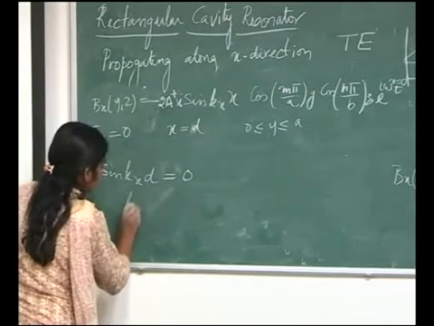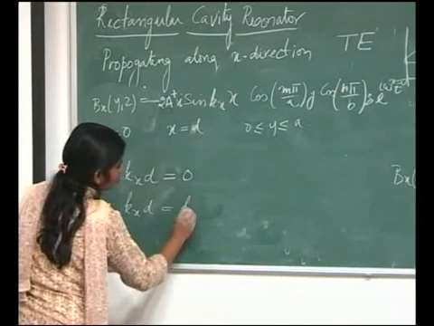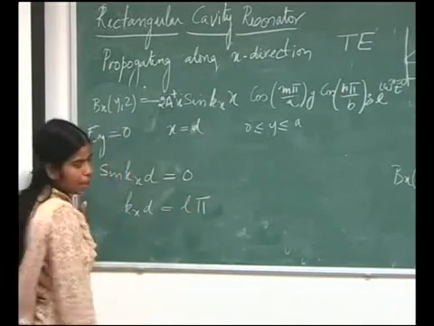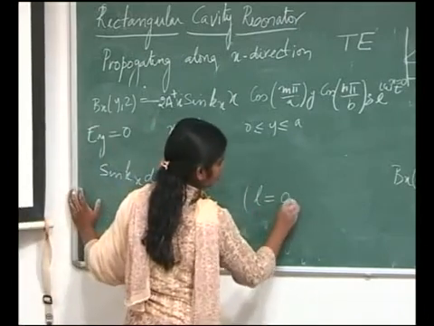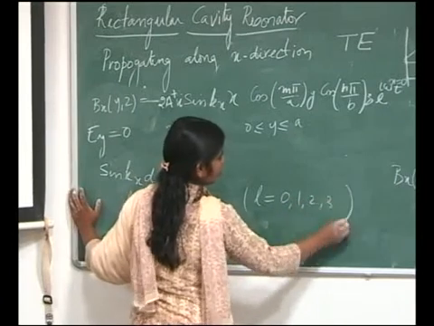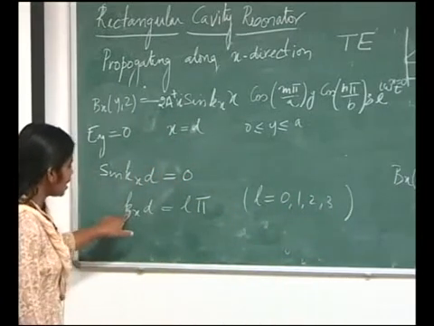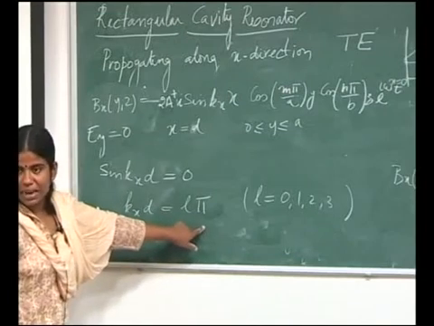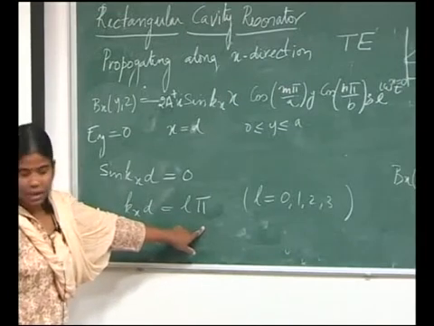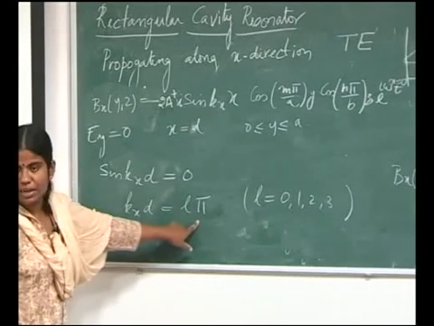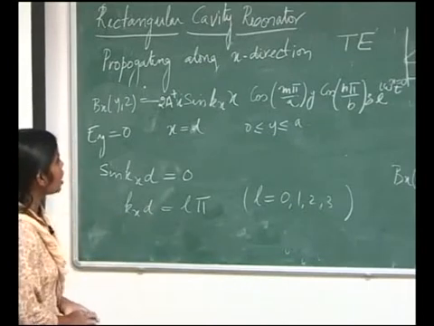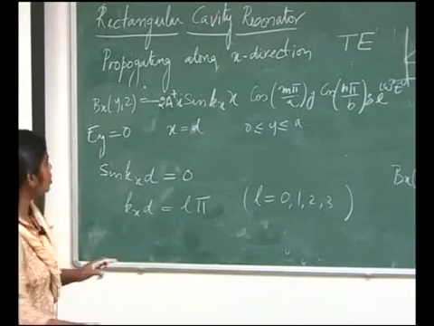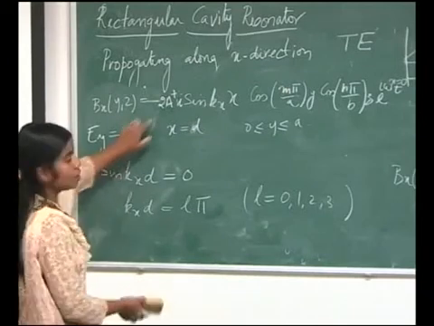So, I have kxd is equal to some integer L into pi, where L is equal to 0, 1, 2, 3, it is an integer. So, what I get is kx is equal to L pi by d. So, now I have a complete solution. Is it clear?